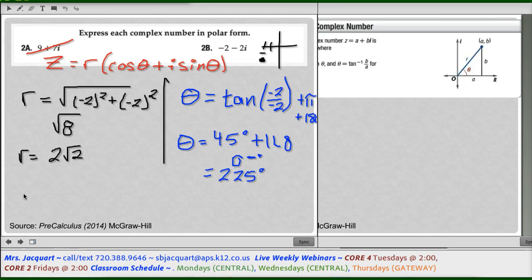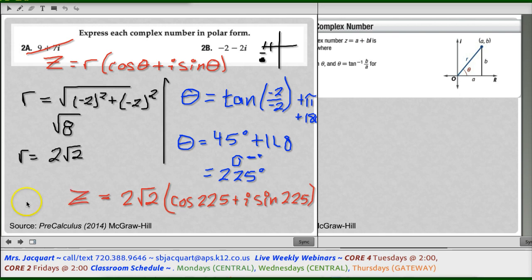So let's plug everything in. Okay, so that is what our z equals.